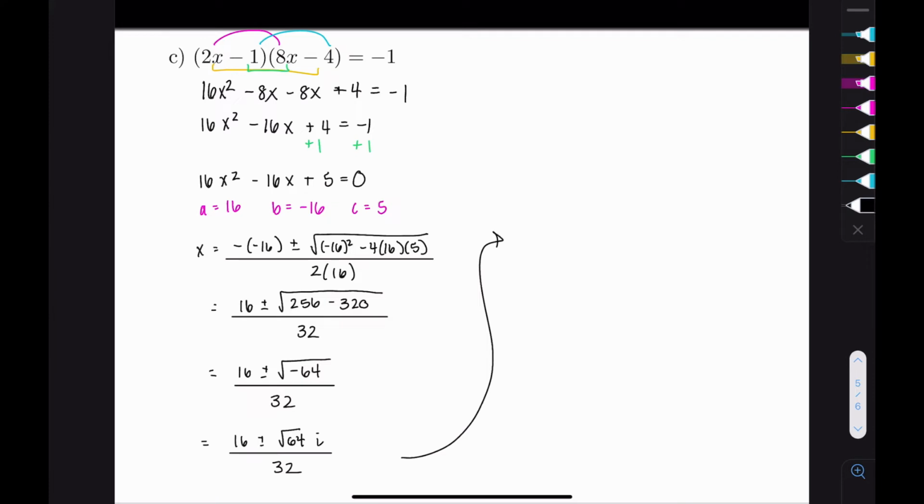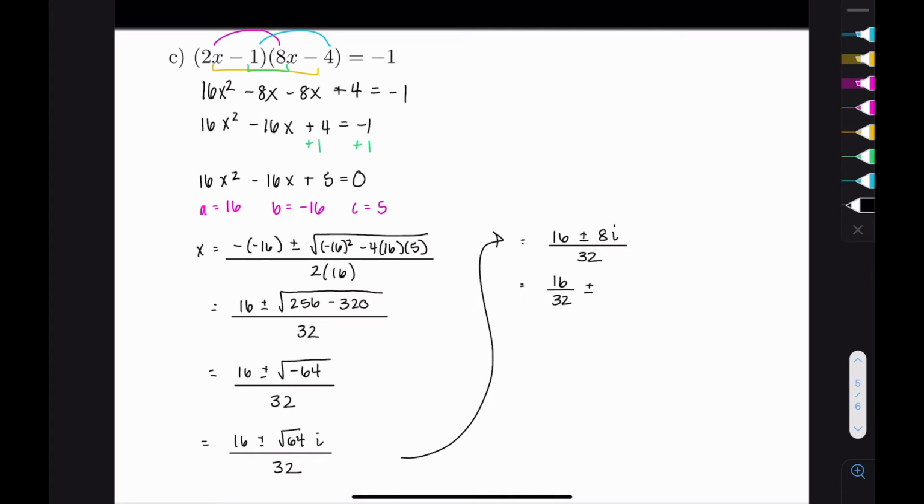And then we just have more simplification because we can actually do the square root of 64. It is 16 plus or minus 8i over 32. And now this is also not fully simplified. So because we have this addition, let's take each piece and divide it by that 32.